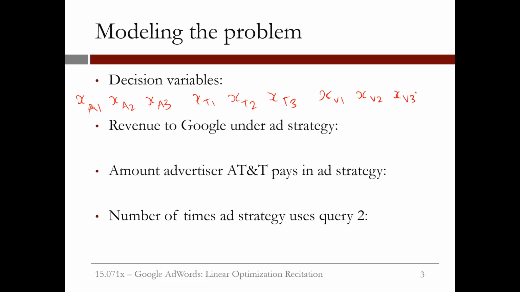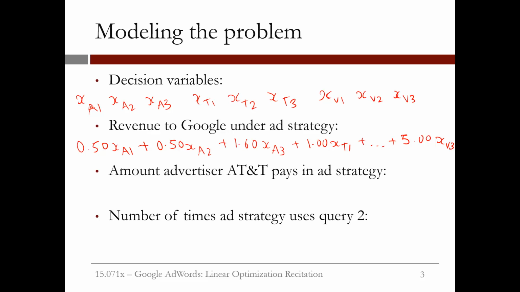If we did this, we would have 0.5 XA1 plus 0.5 XA2 plus 1.6 XA3 plus 1 XT1, and we can continue this, and the last term in our sum will be 5 times XV3.